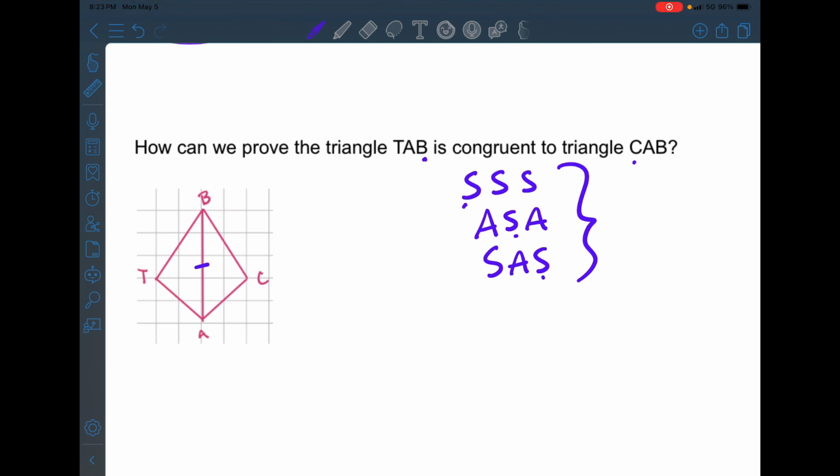So be very careful of that. And then also, they may give you something where it's angle side side and not side angle side. That angle is not between those two sides, and this does not work unless it's a right triangle, and this is not a right triangle.